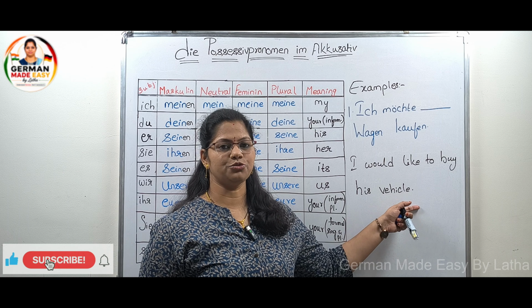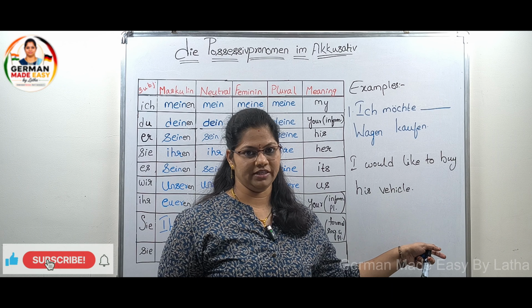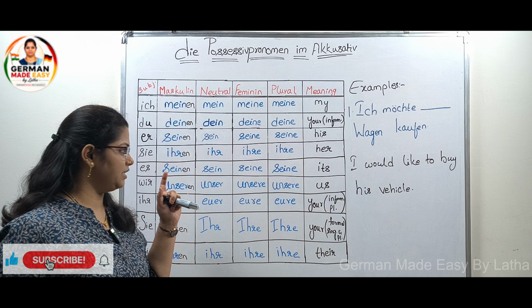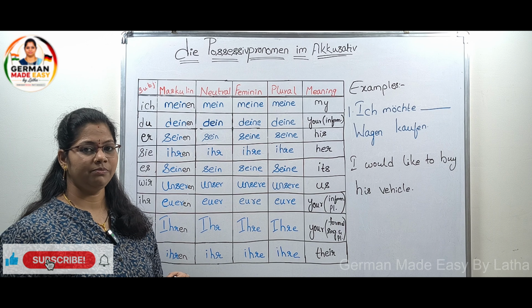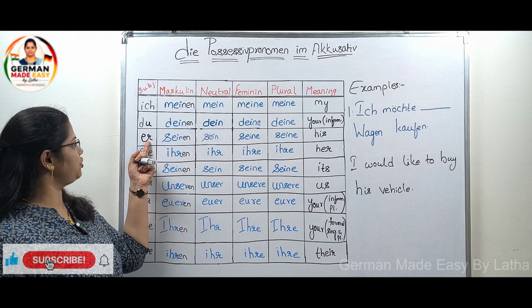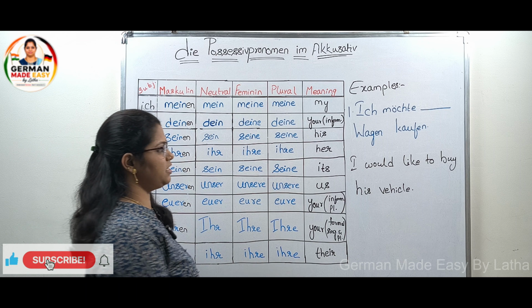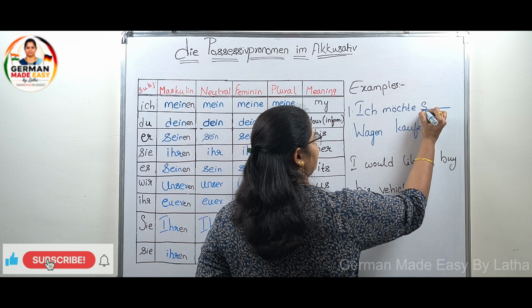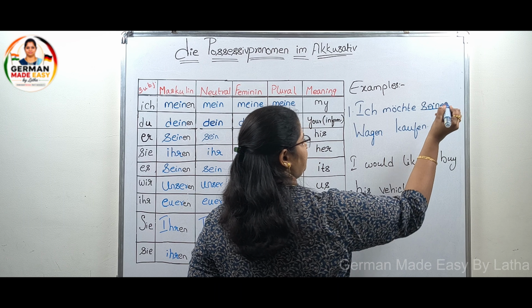So his vehicle together will be in the object of the statement, that is in the accusative case. So according to accusative case, vehicle is masculine in gender and I am willing to buy his vehicle. So my answer will be Ich möchte seinen Wagen kaufen.